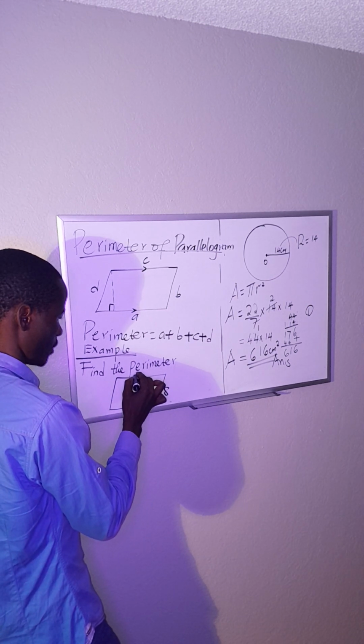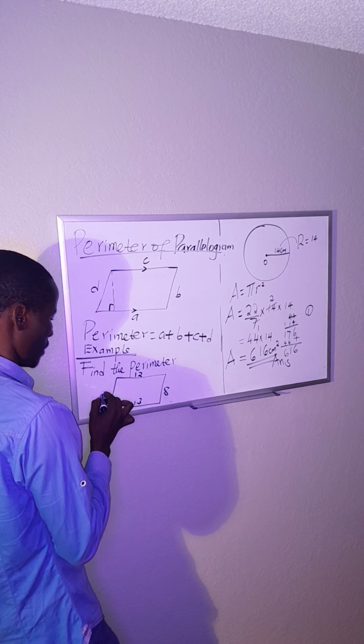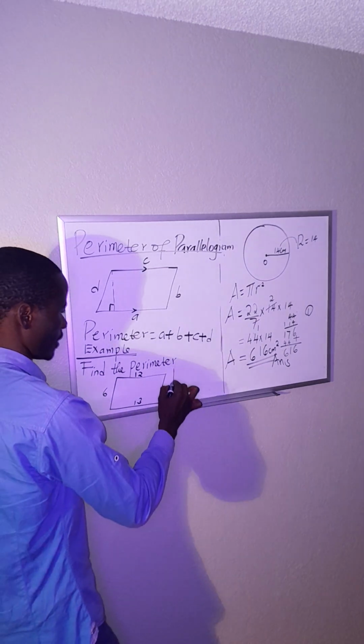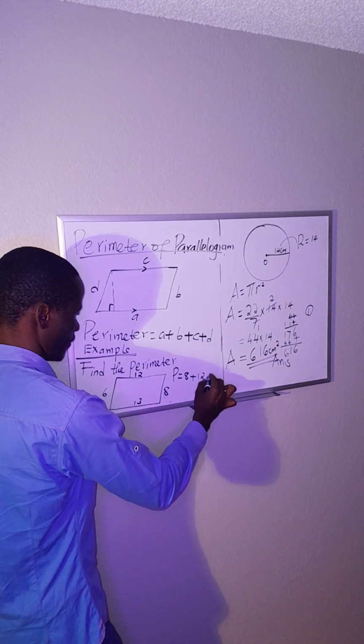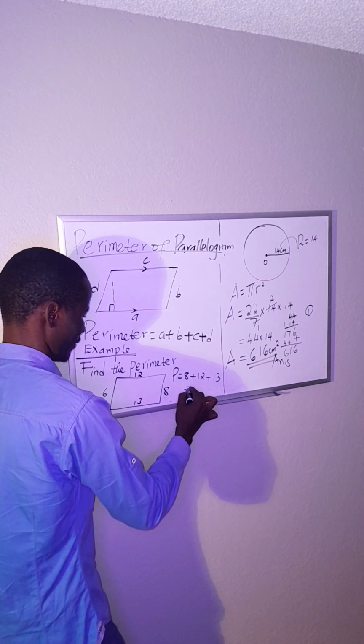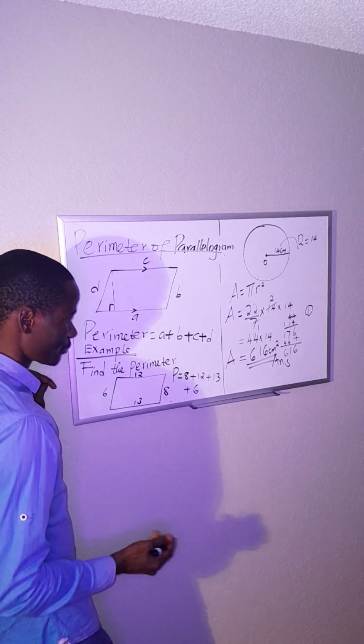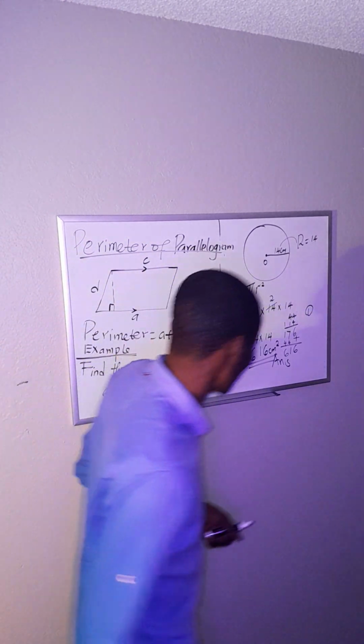This is 12. This is 13. This is 6. Then I'll simply say perimeter is equal to 8 plus 12 plus 13 finally plus 6. So what will be the perimeter of that particular shape?